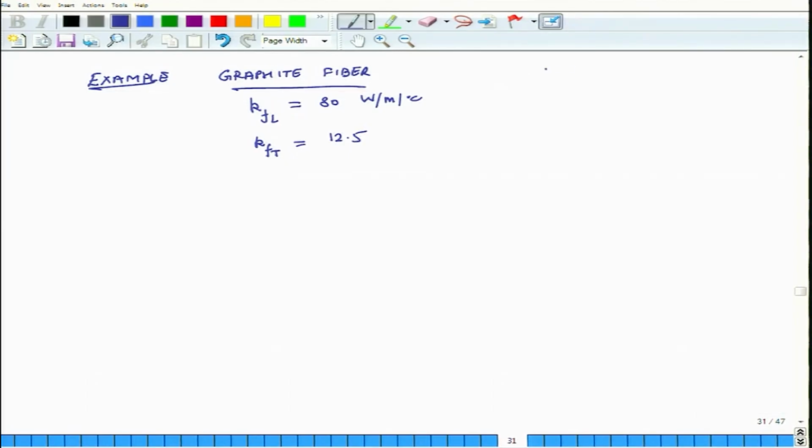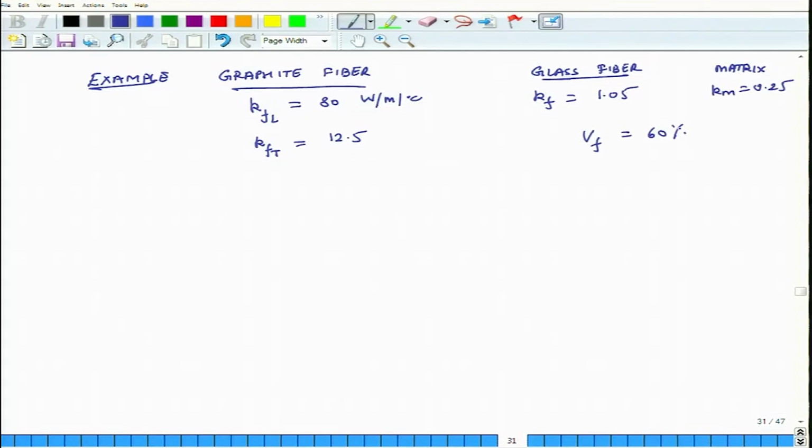And then the other case we take is glass fiber. Glass is isotropic, so KF is equal to 1.05, and then matrix. Let us say we have a matrix material whose conductivity Km is 0.25, and we say that volume fraction is 60%.